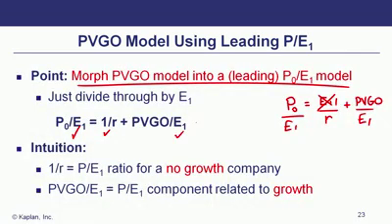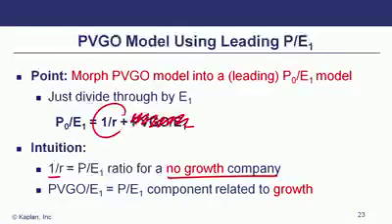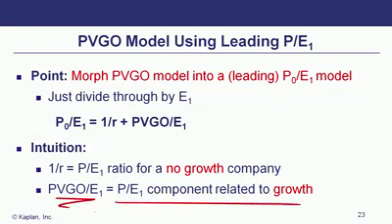What does that tell us? Well, something rather entertaining. 1 over R should be the PE ratio, the leading PE, for a no-growth company. So, with no growth, PV-GO is 0. Your PE ratio should be 1 over the required return. The extra term, clearly, is the component of the PE that is related to growth.